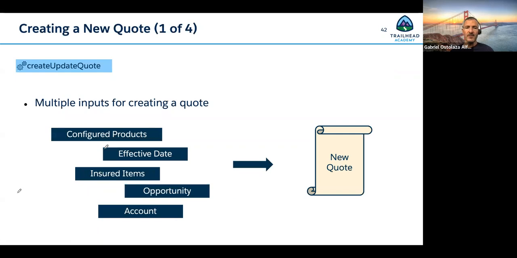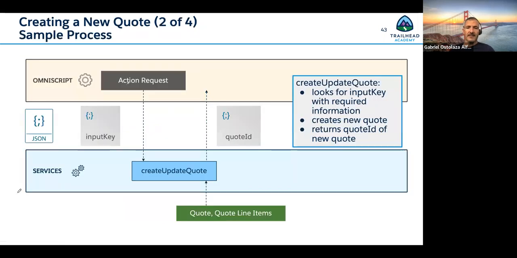Create update quote is going to need configure products. So it's going to create those products as quote line items. It needs an effective date. It needs insured items, opportunity, because it needs to create a quote from an opportunity and eventually an account. Okay. So again, as before, you have an action request from the Omniscript.